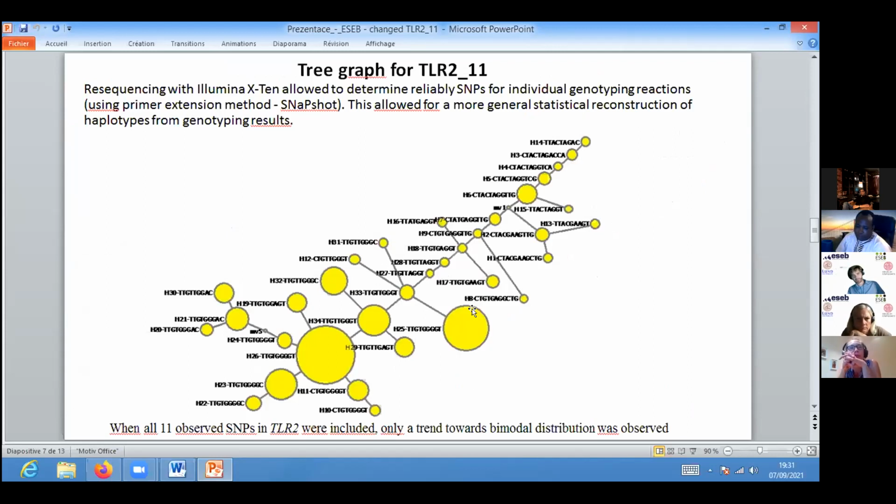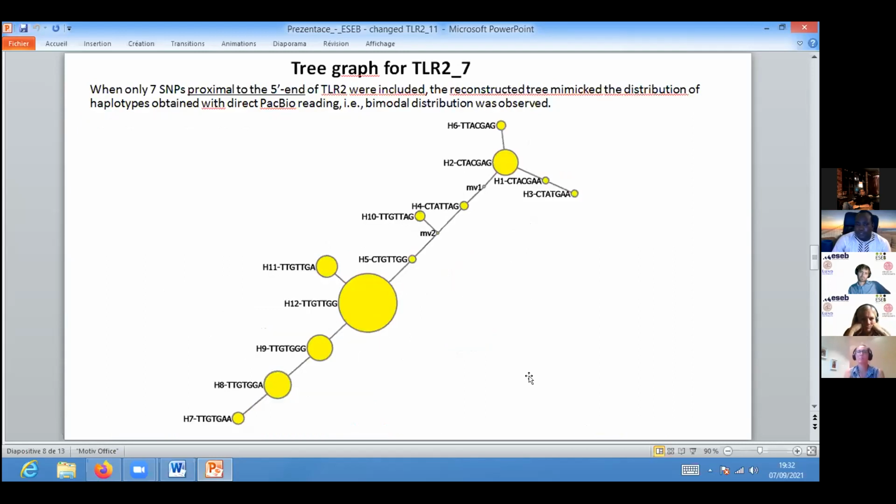When we use all 11 SNPs for designing the network graph, we observe such a graph. But when we use only seven SNPs, the graph was also a bit different, but here the bimodal distribution was clearly observed.